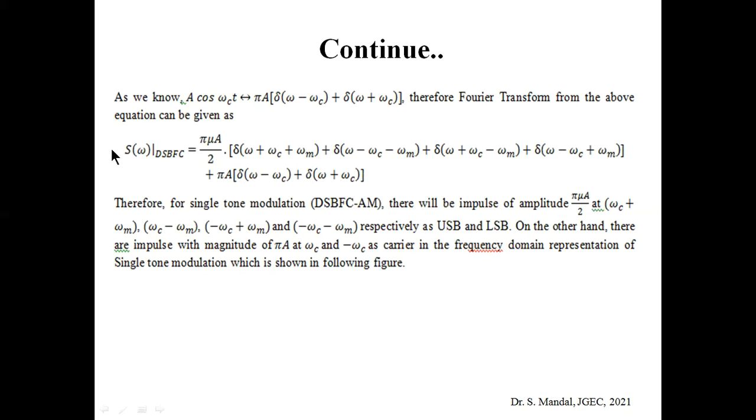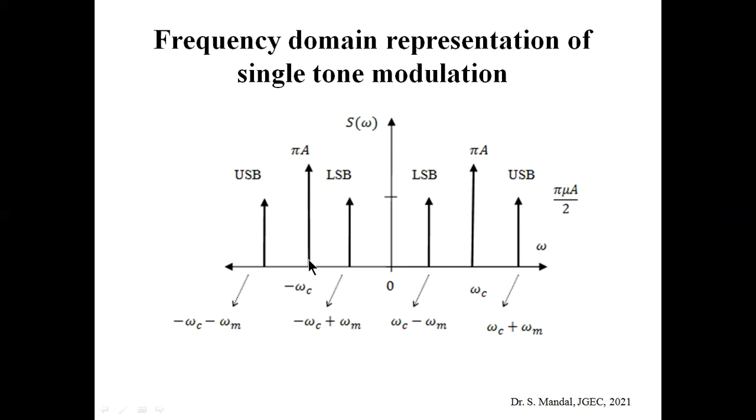Clear? So this is the Fourier transform of s t, or single tone DSB-FC signal. The impulses are located at omega c plus omega m, omega c minus omega m, and minus omega c minus omega m, and these are related to the sidebands whose amplitude is pi into mu into A by 2. Let's see the corresponding spectrum.